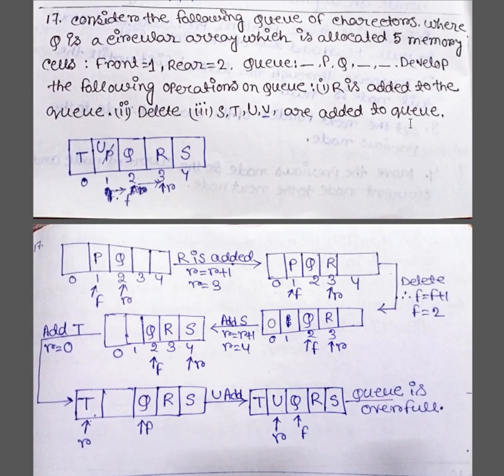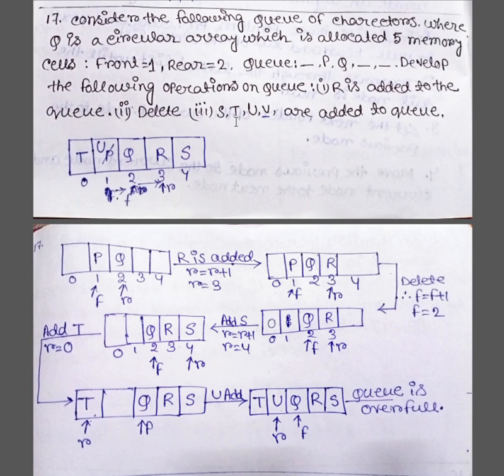S is added to the queue. That means R will be increased. Here, after the deletion of P, this is our current queue, where Q and R are present. Add S. That means the rear will be increased by 1. That means rear is at 3, so it will be at the fourth position. So at the fourth index, the element S will be added.